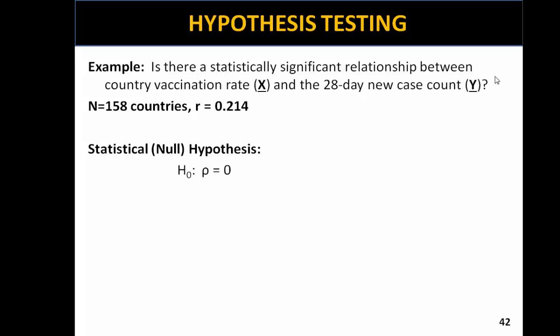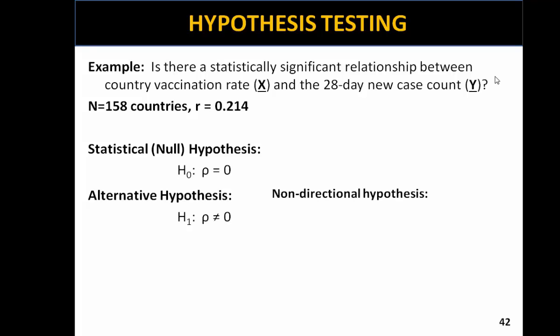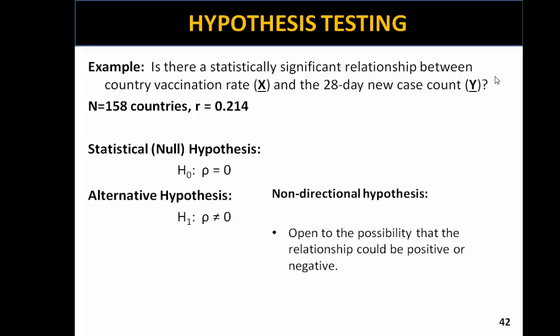That the null hypothesis states that there is no correlation between the two variables in question, and the alternative is that it is not going to be 0, that there will be a statistically significant correlation between the two variables in question. And so we see that the not equal sign is a suggestion that this is a non-directional hypothesis.